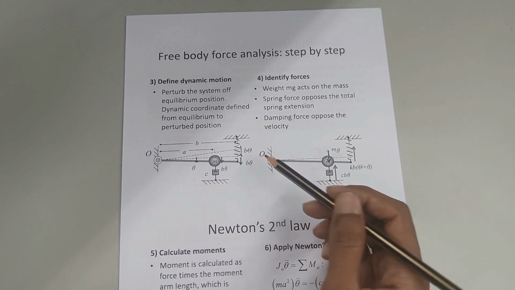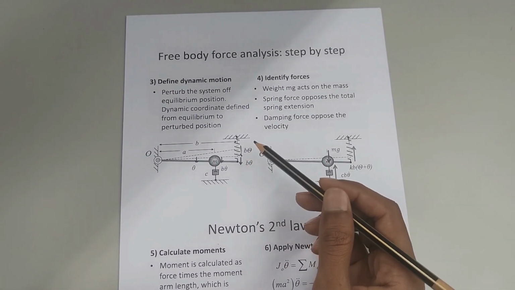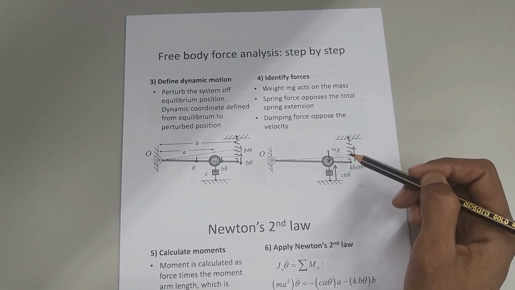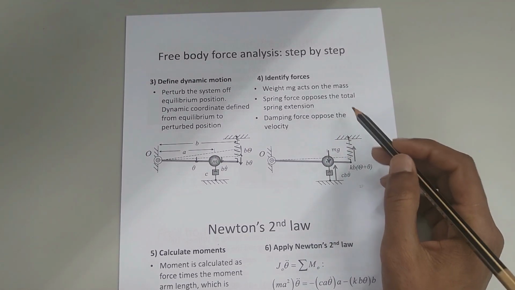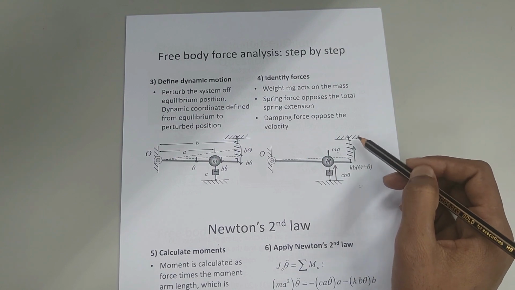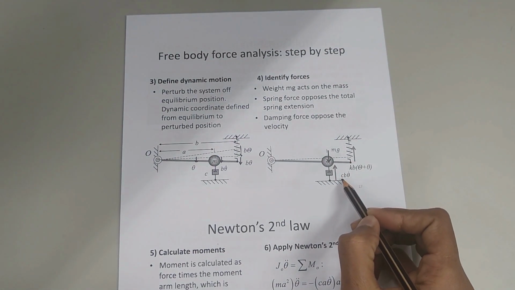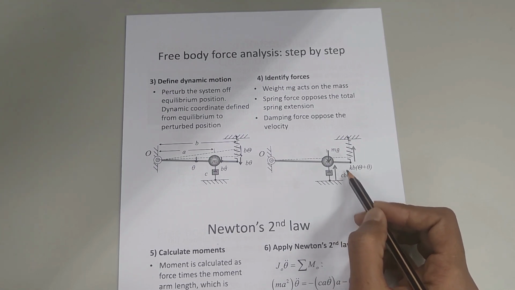Now we have to identify the forces, because we have already defined the dynamic motion. So m g acts on the mass, the spring force opposes the total spring extension, and the damping force c theta dot opposes the velocity.